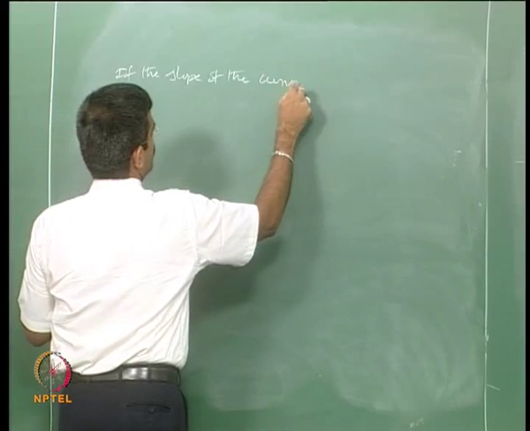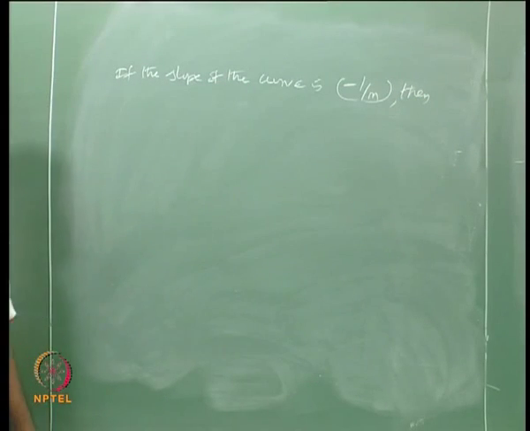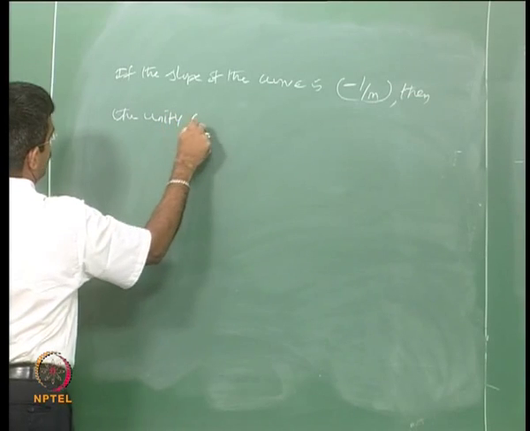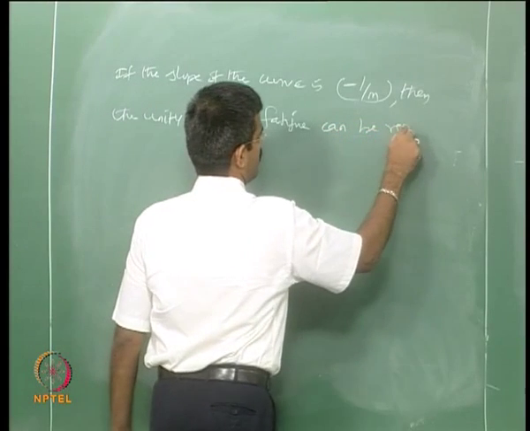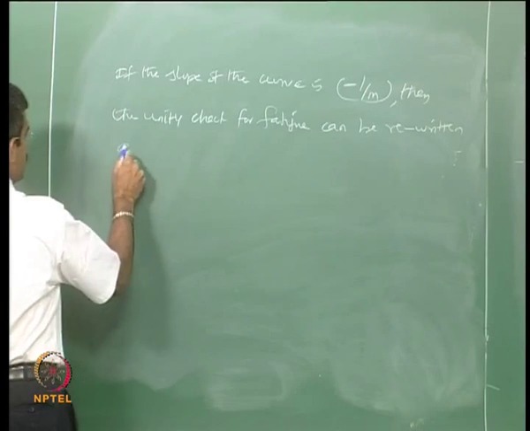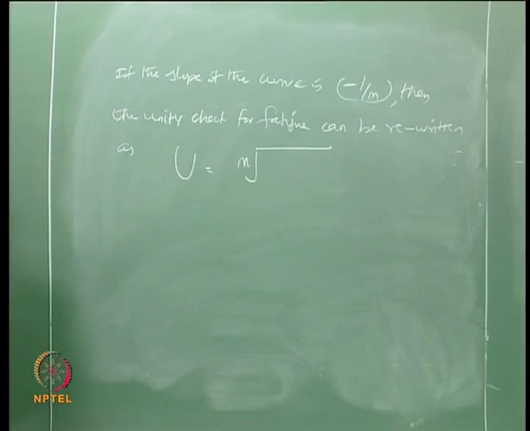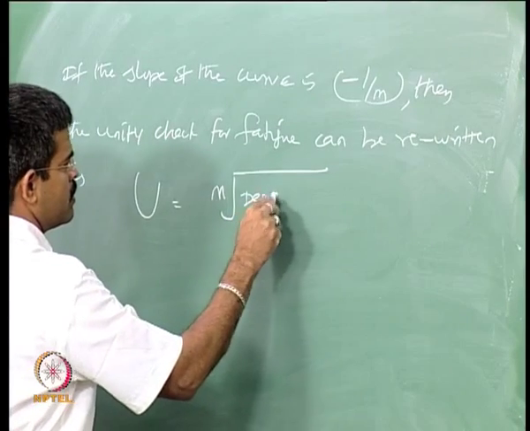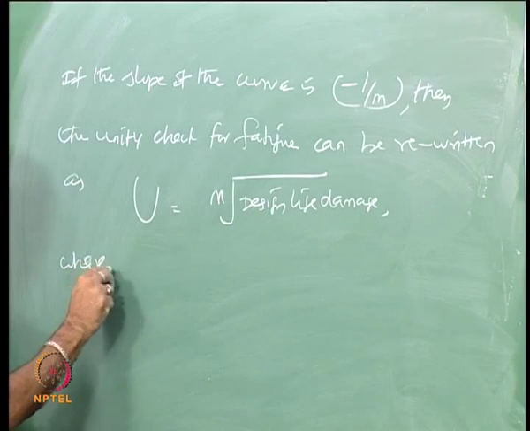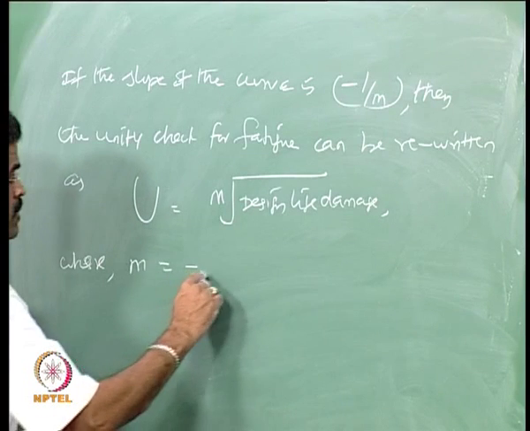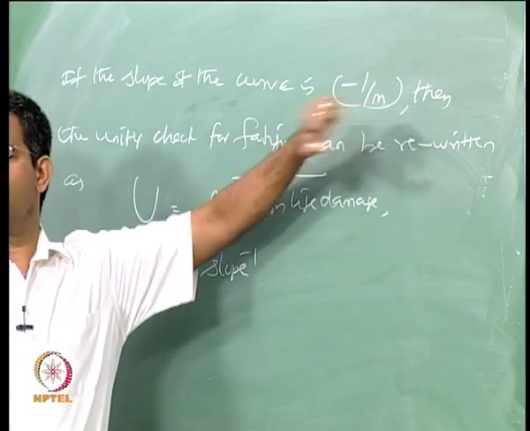If the slope of the curve is minus 1 by m, then the unity check for fatigue can be rewritten as u to the mth power, design life damage, where m is the minus of the slope inverse in this equation, if the slope is corrected to be minus 1 by m. Okay.